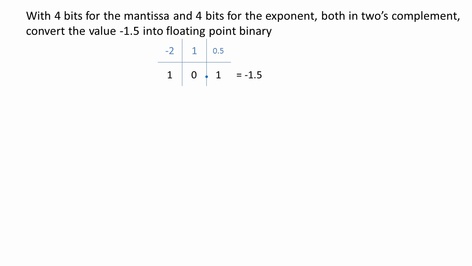Before I continue, note that you could represent -1.5 in pure binary like this, because -4 plus 2 is -2. Or you could do it like this, because -8 plus 4 plus 2 is also -2. In fact, you could have a string of 1s on the left hand side of this and it would still be -1.5, as long as the leftmost 1 had a negative place value.